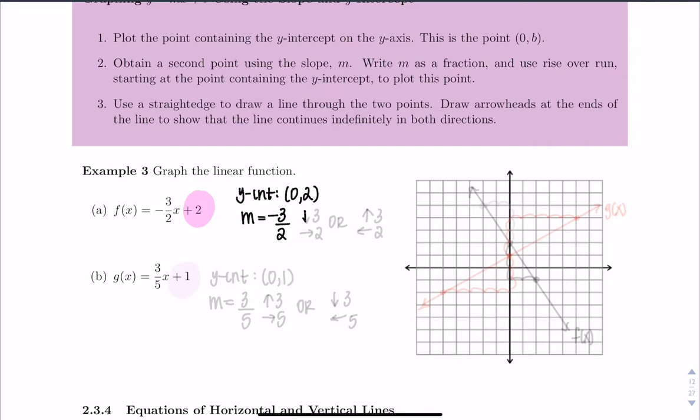I can go down 3 and to the right 2, or I can go up 3 and to the left 2. Either one of these directions will give you a point on the same line. So let's go ahead and plot (0, 2) first.